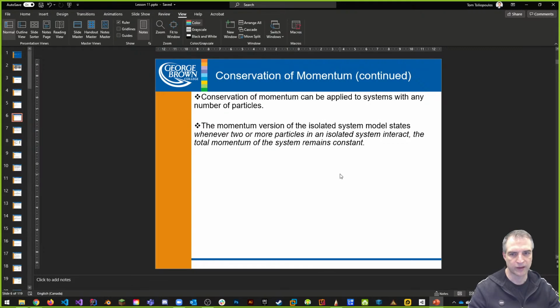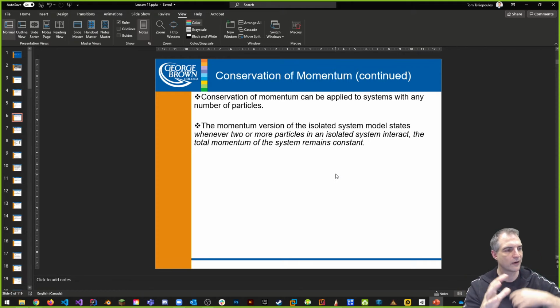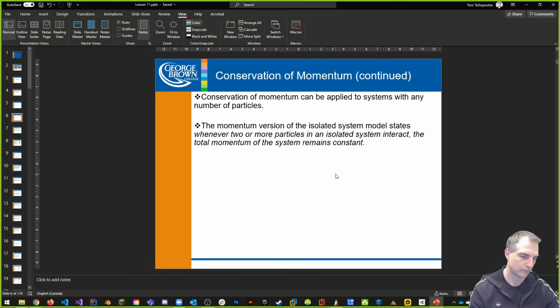So again, when we think about momentum, the conservation of momentum can be applied to systems with any number of particles, and the momentum version of the isolated system model states that when two or more particles in an isolated system interact, the total momentum of the system remains constant, which means if I'm moving the entire system around and the things are inside that system, we don't care. The momentum of the entire system stays the same. Okay?